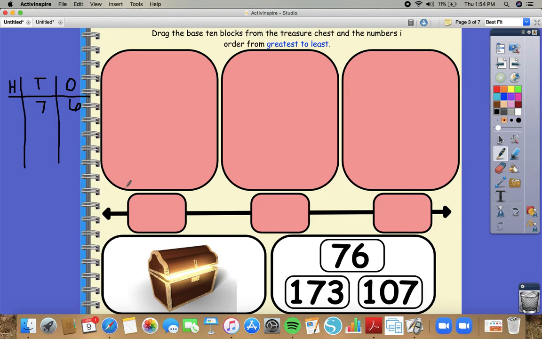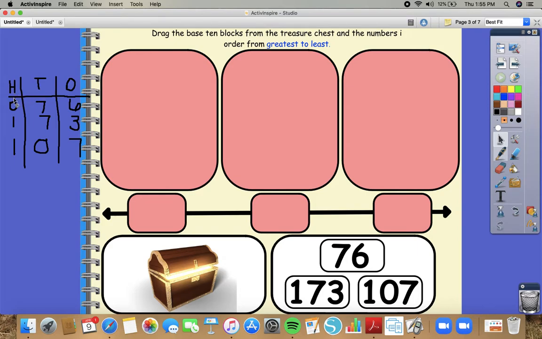What about this one? 173. And our next one is 107. All right. So we're going to go ahead and fill in a 0 here because there's nothing there.